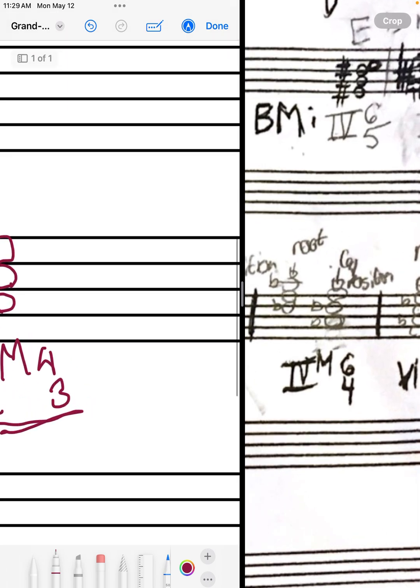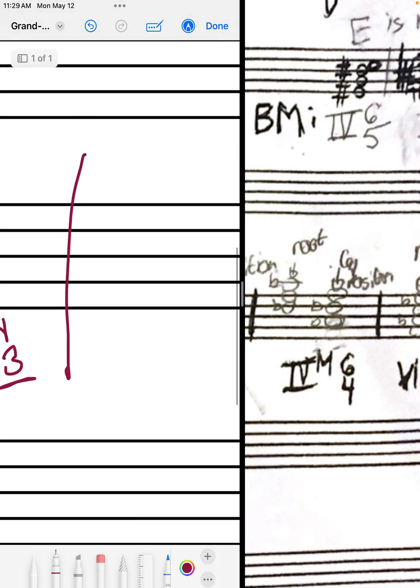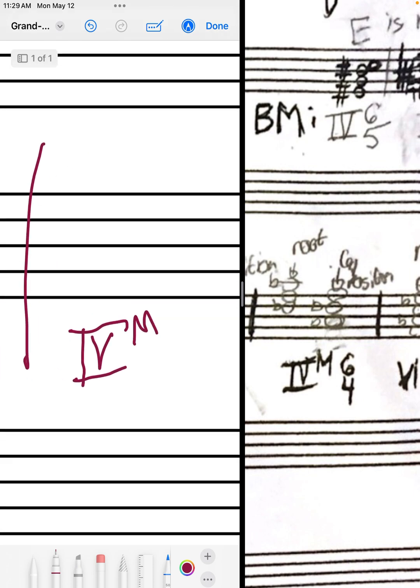Okay, so that's just the first key, and then the second one's gonna be for this one, 4 major 6-4. Alright, so you're just gonna want to try it. From that point it has to be D flat, I believe.